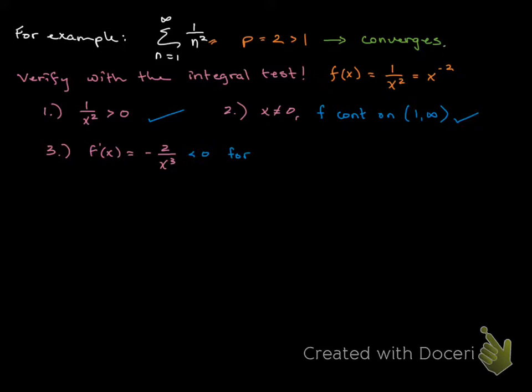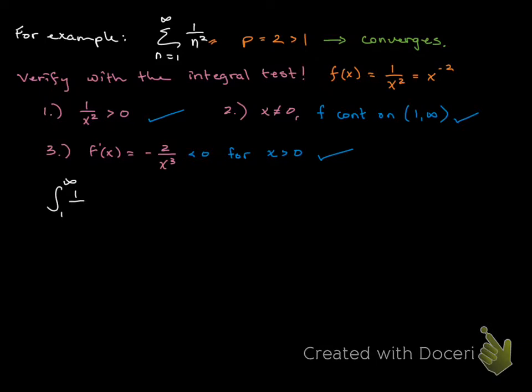Because if x is negative, I raise it to the third power, it's negative. That negative and negative will cancel. So as long as x is positive and on the interval from 1 to infinity, my derivative there is negative, so I can say that f is positive, continuous, and then decreasing. So my integral test applies.